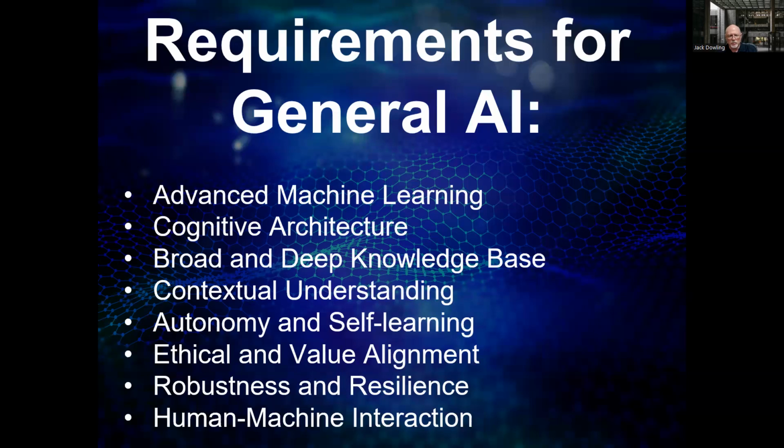It's going to have a broad and deep knowledge base. If you look, humans spend their whole lives learning, and all of that is utilized to make the decisions that we make every day. And so AI will have to have access to an extensive and diverse knowledge base covering a wider range of domains. And it's got to be continually updated and enriched, just like humans are. If you're a person who likes to learn, that's what AI is going to have to become.